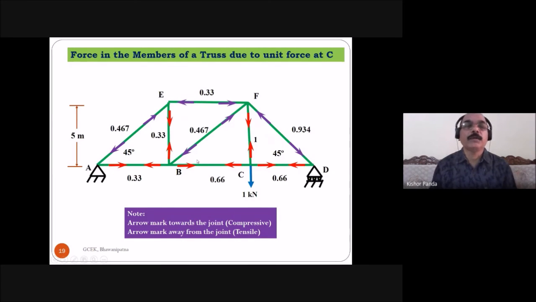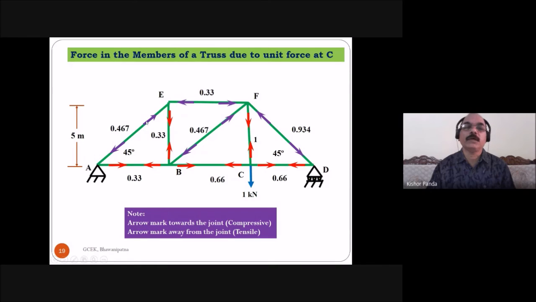Then look at this figure. Here you have to show all the forces in the members due to the unit loading. You got the force in the member AE as 0.467 kilonewton compressive, in the member EF 0.33 kilonewton compressive, in the member DF 0.934 kilonewton compressive and in the member DE 0.467 kilonewton compressive.